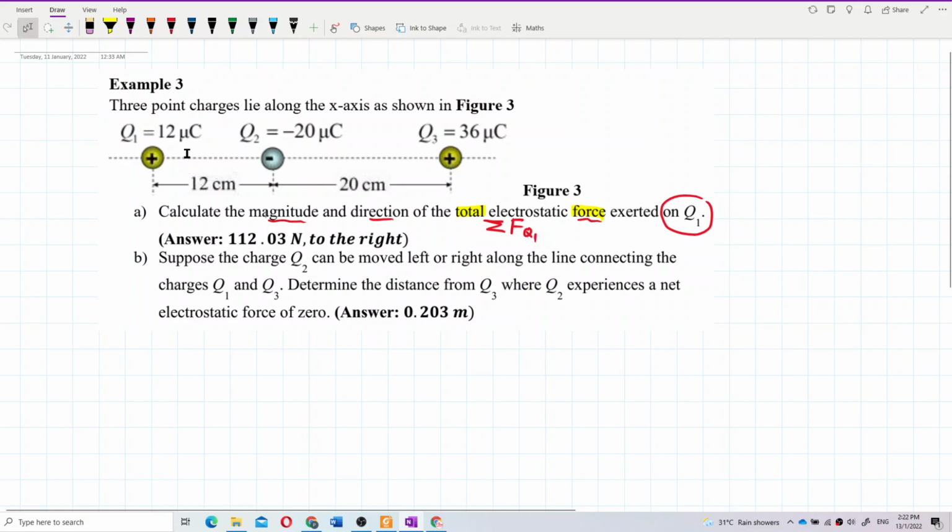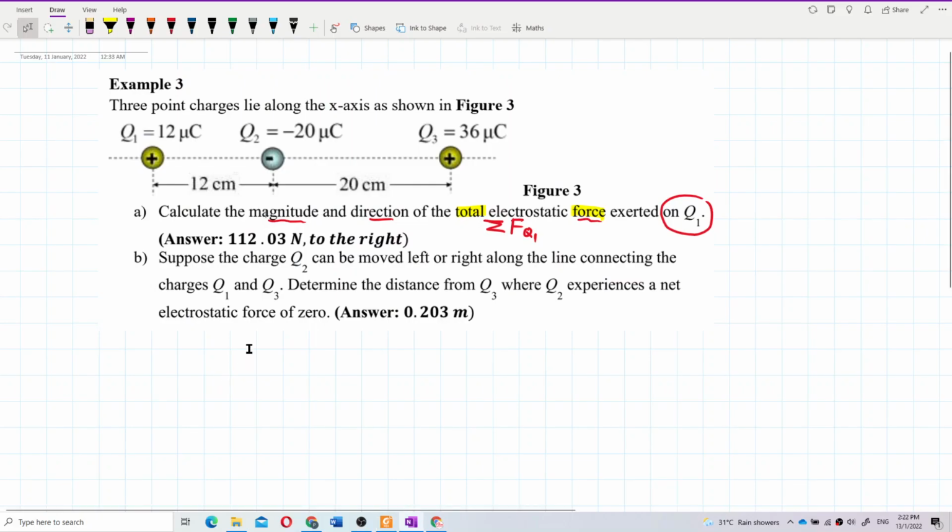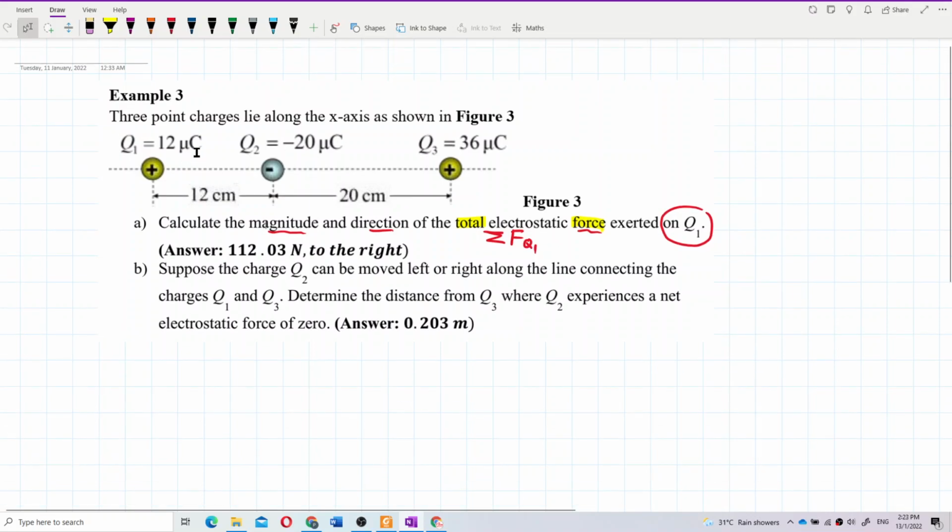Back to the notes, we know that if same sign, positive-positive or negative-negative, they repel each other. But if opposite charges, positive and negative, they attract. The important thing is we only focus on Q1. So let us look at Q1 and Q2.